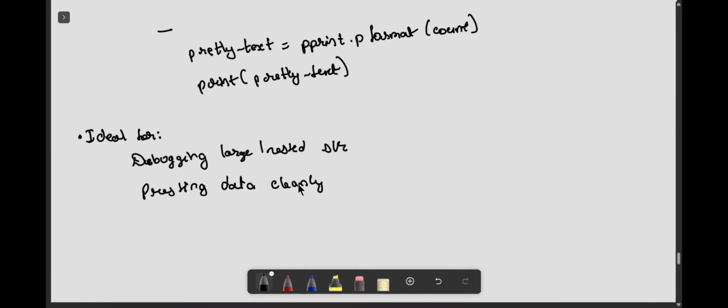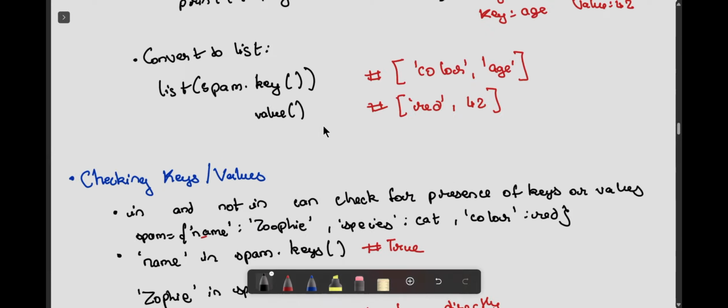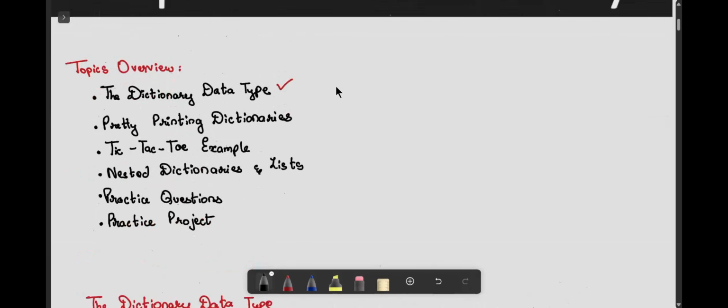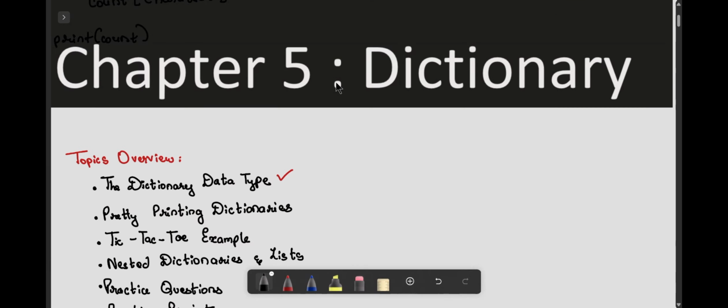So these functions are mainly used for debugging and presenting the data cleanly. So with this we are also done with pretty printing text. Next, let's look at a tic-tac-toe example.